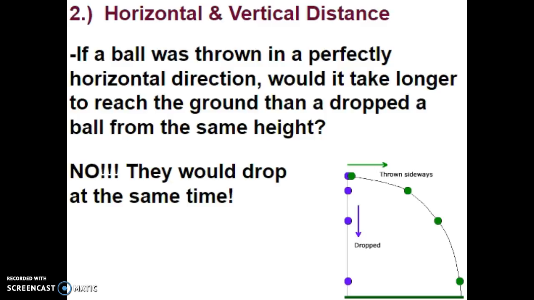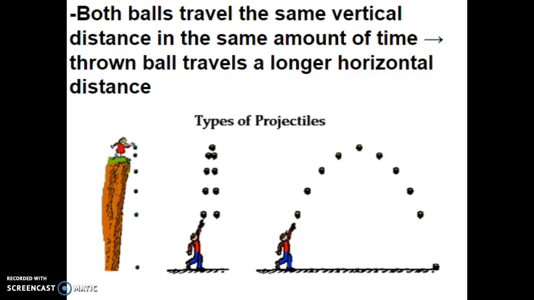However, remember, both balls are traveling the same vertical distance in the same amount of time. The horizontal ball will travel a longer distance, but gravity acts on both at the same time. Both of those balls will have 9.8 meters per second squared of gravity pulling them down towards the center of the Earth.